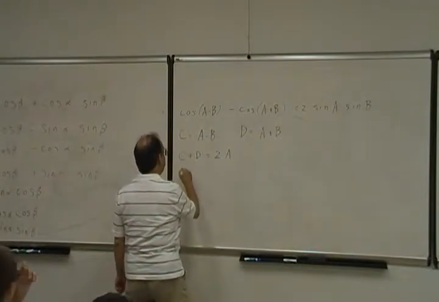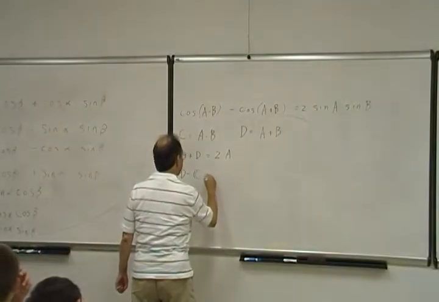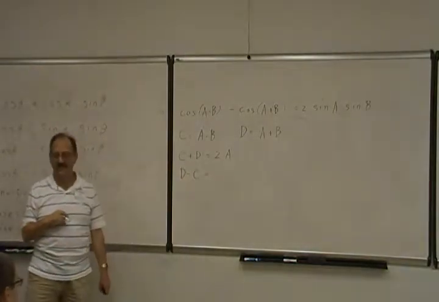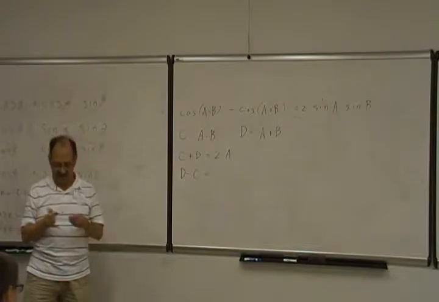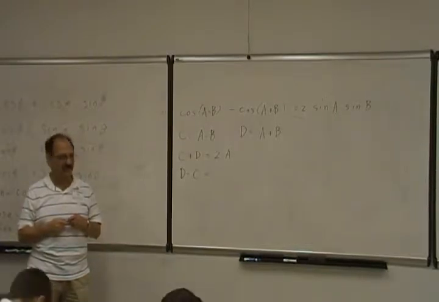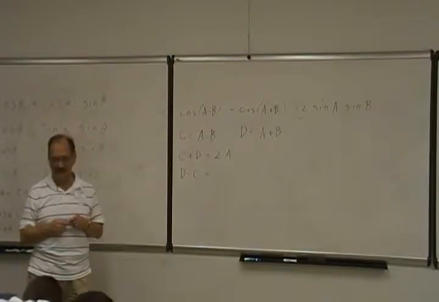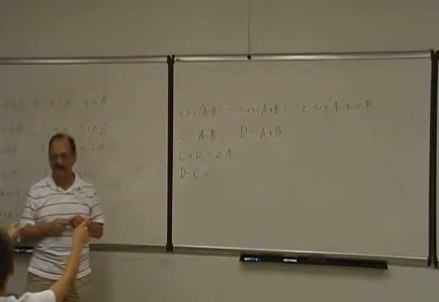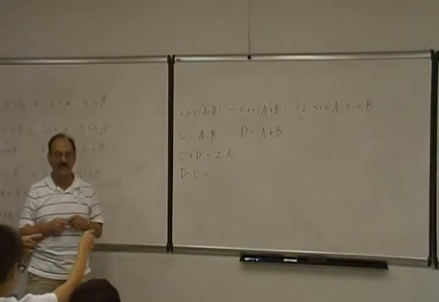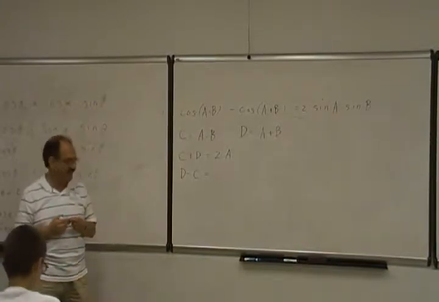Okay, and D minus C. What is D minus C? Okay, A plus B minus. It is 0. You forgot you're distributing your minus sign.